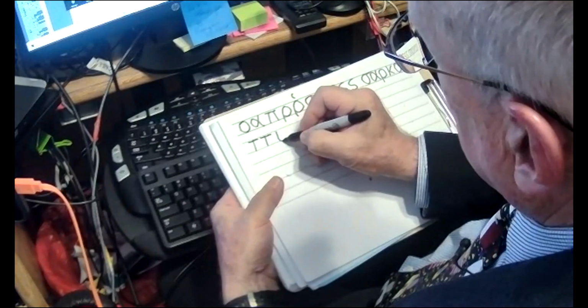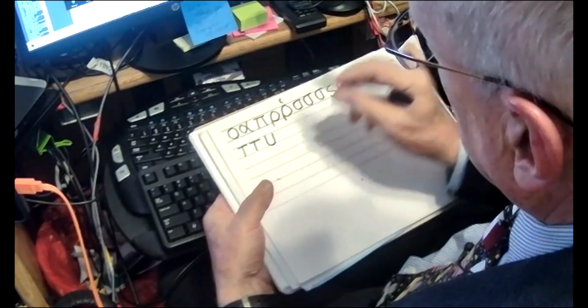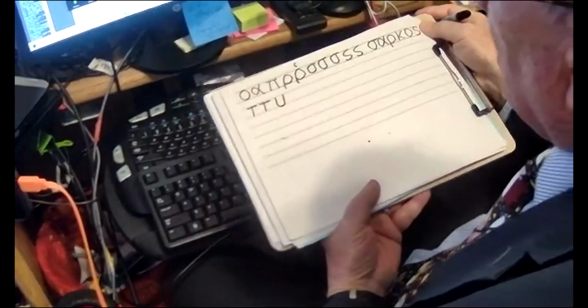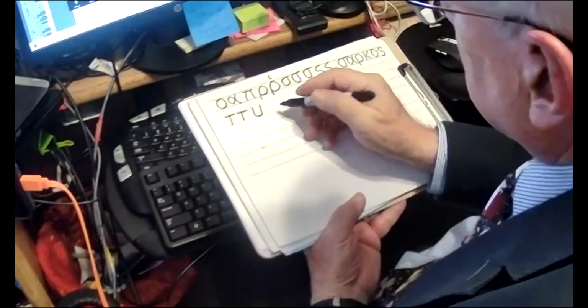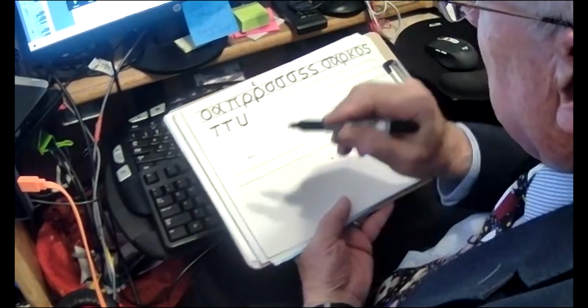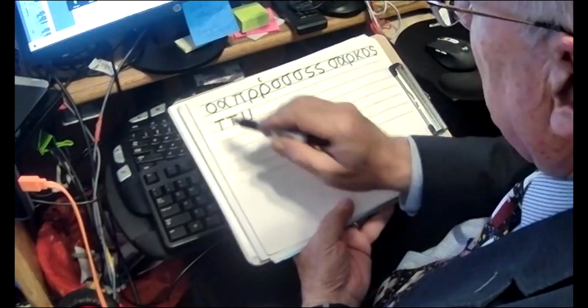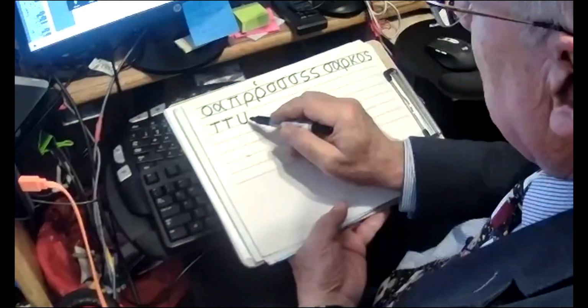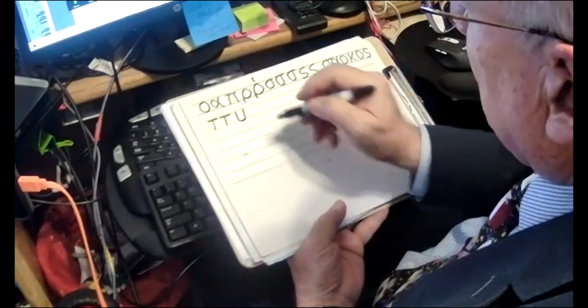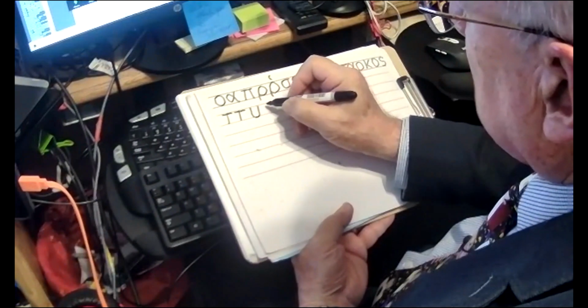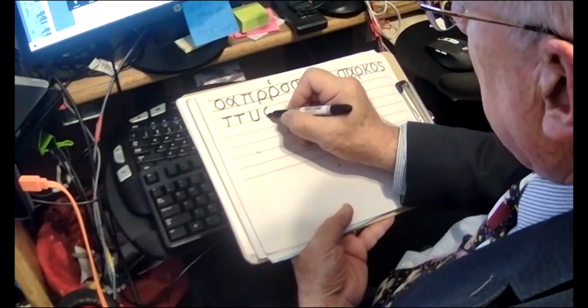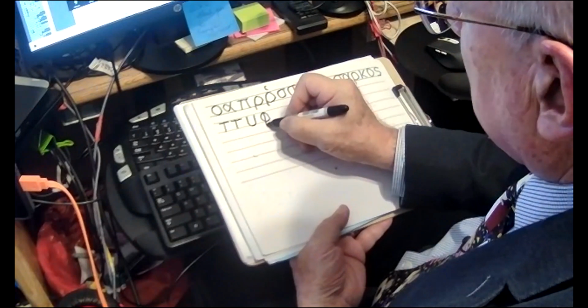Upsilon is the same size as well, I think the last of our vowels, the same size as alpha and omicron. Tau, upsilon, and the last four letters are actually pretty easy to remember and easy to write.